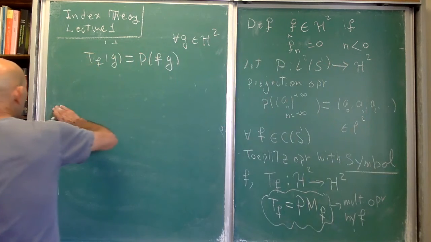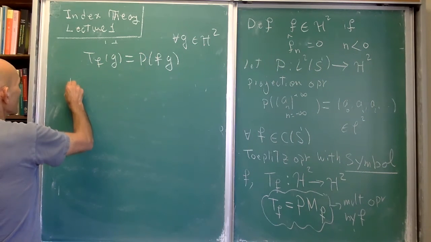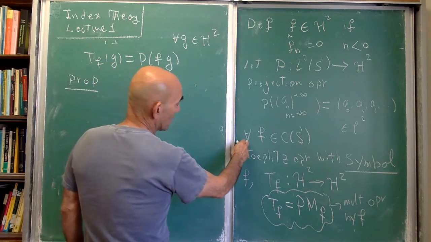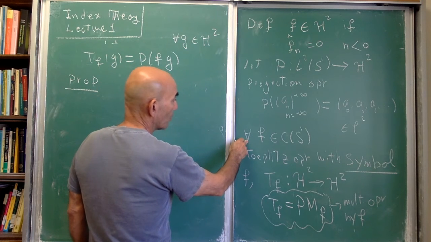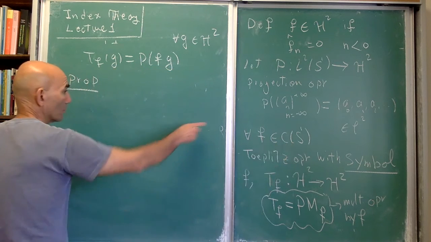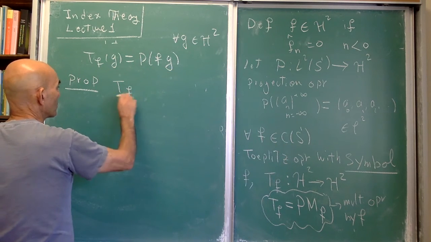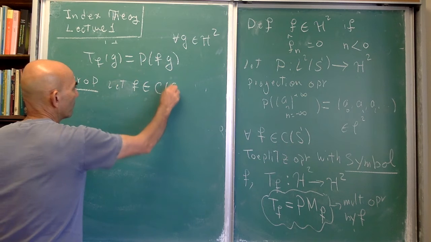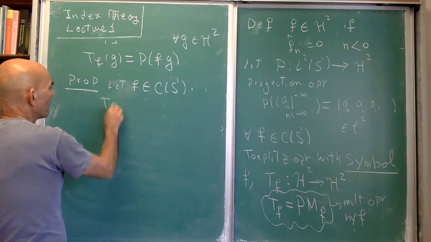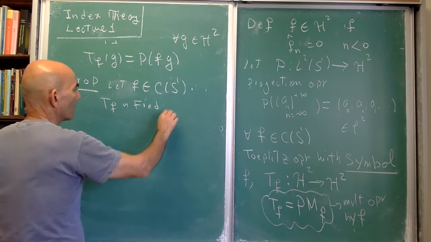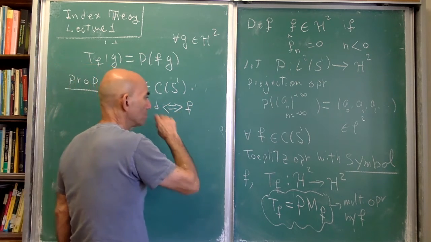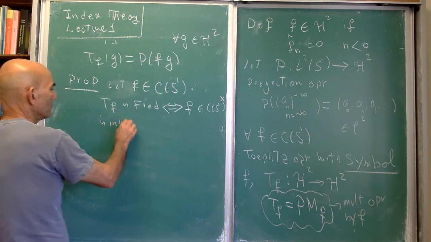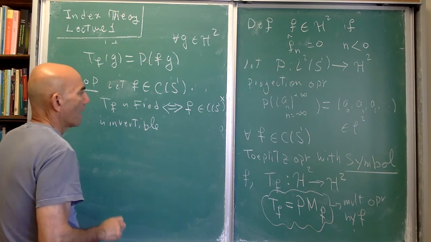Now the following thing is true. Let F belong to C of S1. Then the operator TF is Fredholm if and only if F is invertible.